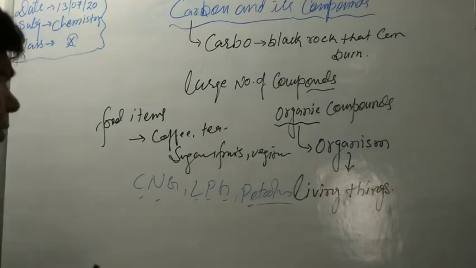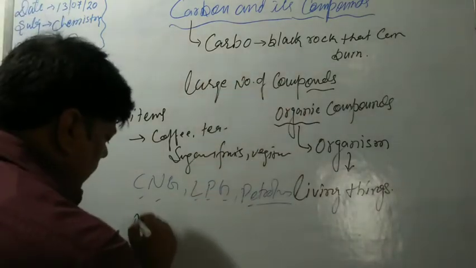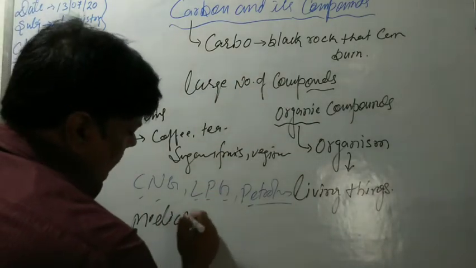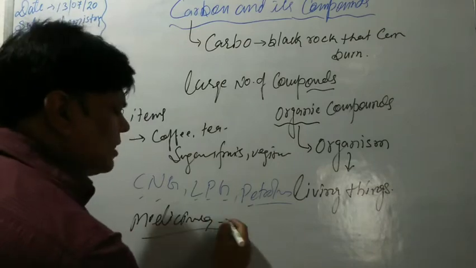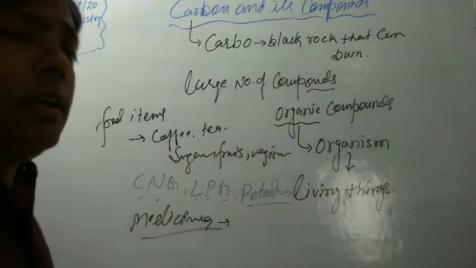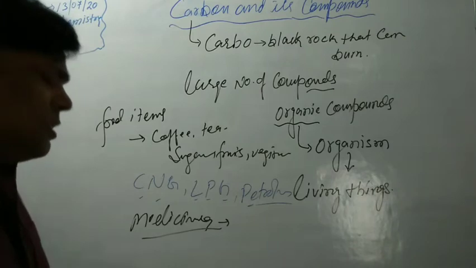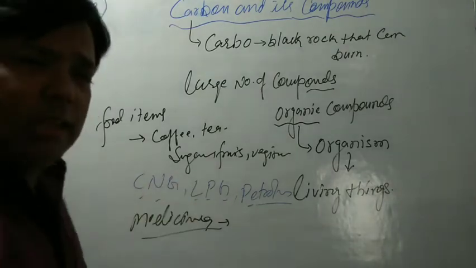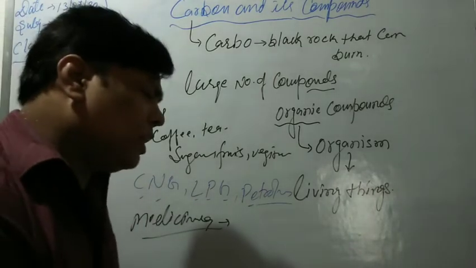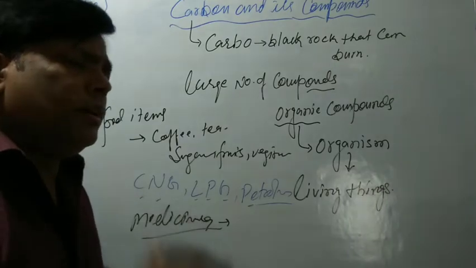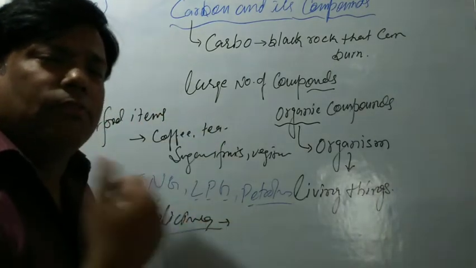And the most important thing is medicines. Medicines are also carbon containing compounds. Some medicines are called analgesics, which are used for decreasing the body temperature, like paracetamol in case of fever.